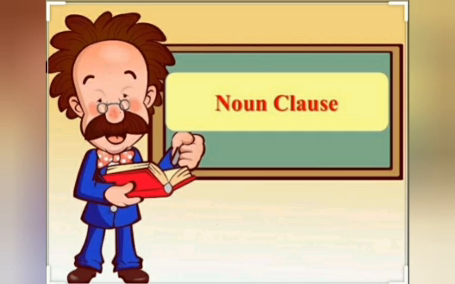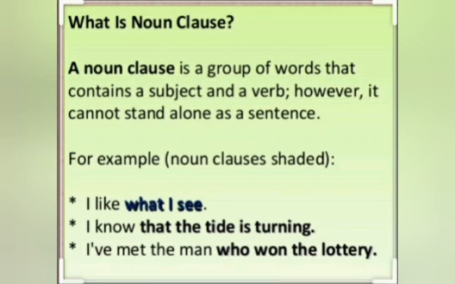Students, today we are going to study a new English grammar topic, noun clause. So first of all, let us find out what a noun clause is. A noun clause is a group of words that contains a subject and a verb. However, it cannot stand alone as a sentence.